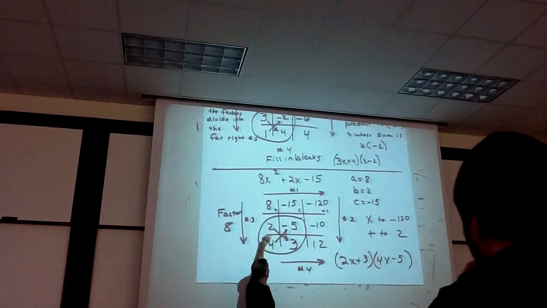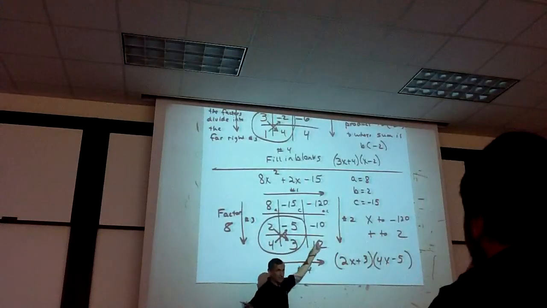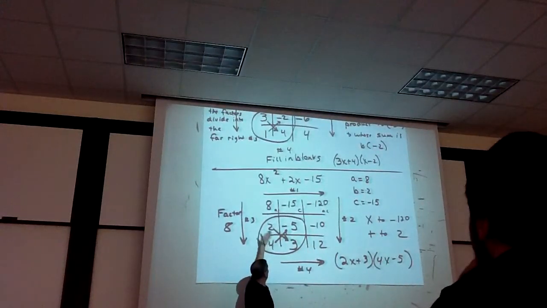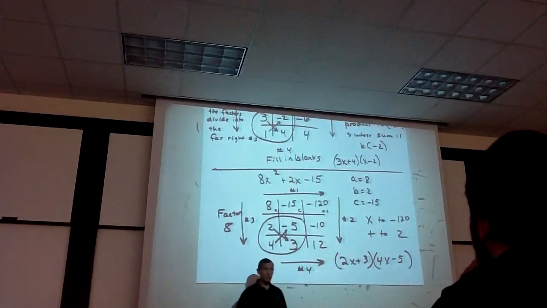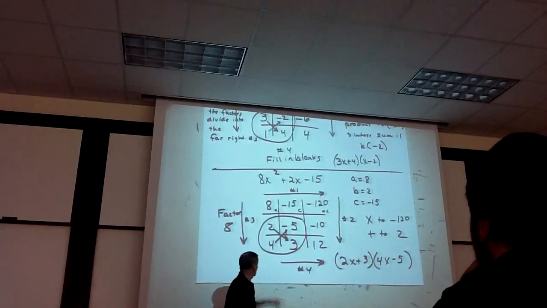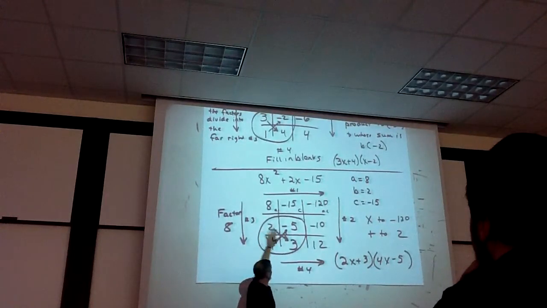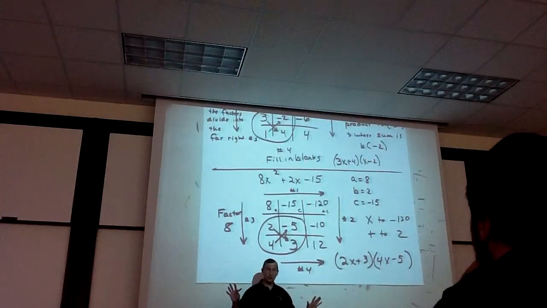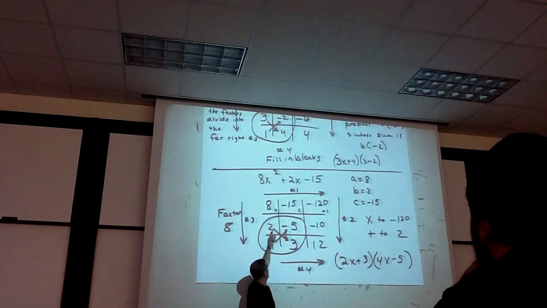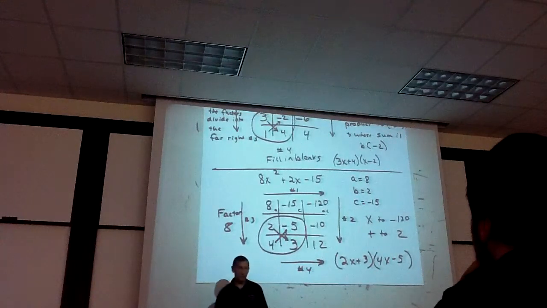So like 8 and 1, 8 didn't divide evenly into 10. 4 and 2, 4 didn't divide evenly into 10. So the only one that will work is 2 and 4. Since 2 divides evenly into 10 and 4 divides evenly into 12, that's the configuration I want. And then fill in the blanks. 2 times -5 is that, 4 times 3 is that. We got everything filled in.